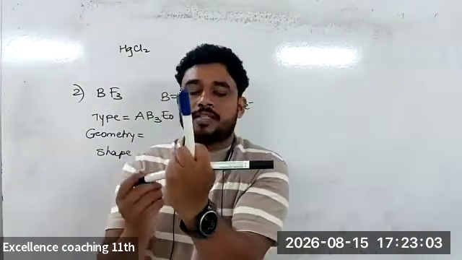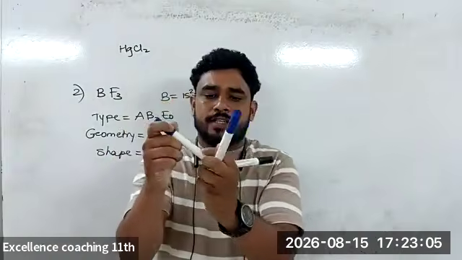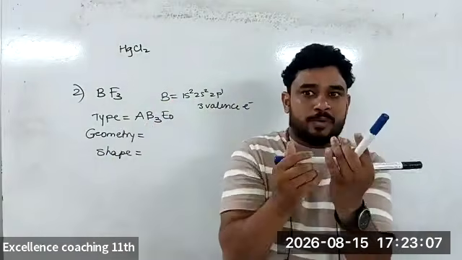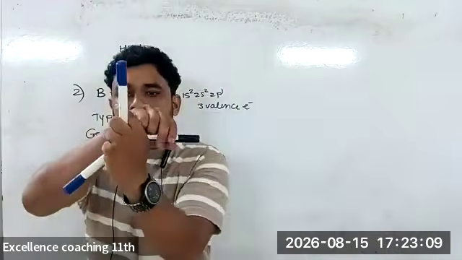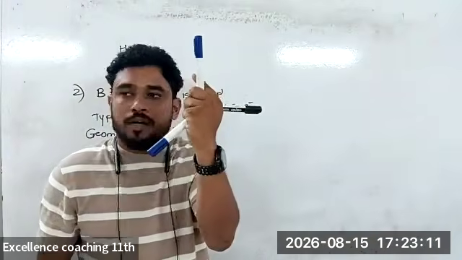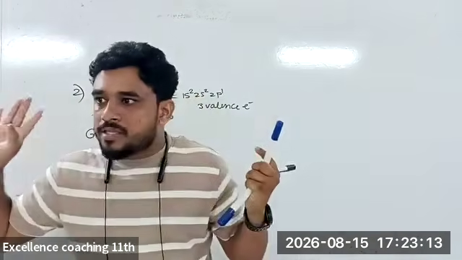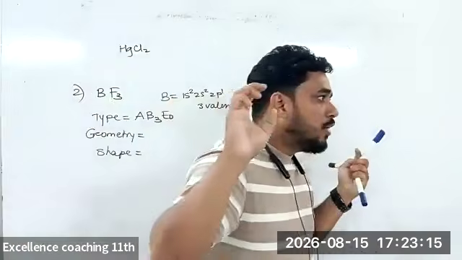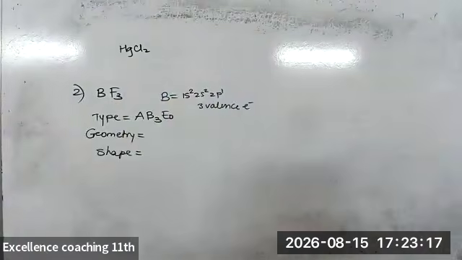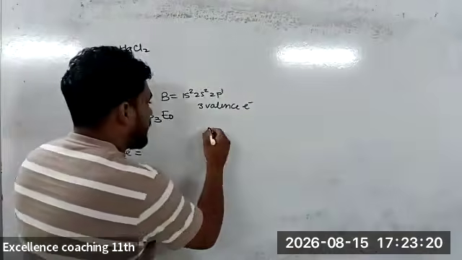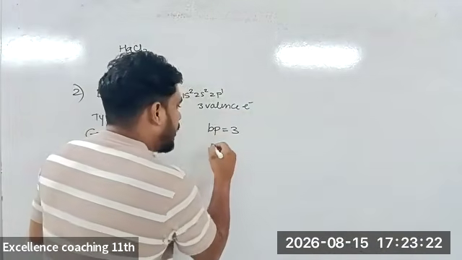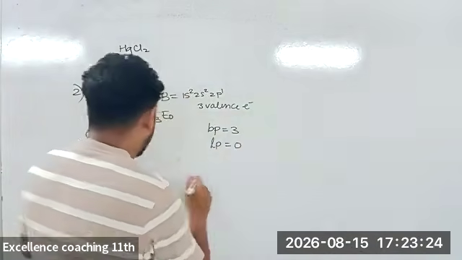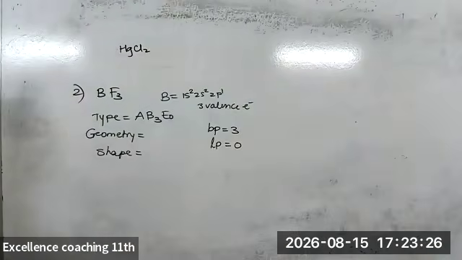If I arrange them like this, imagine it's three-dimensional, this is the minimum repulsion it will have. It has all bond pairs. Bond pairs are 3 and lone pairs are 0. So geometry and shape will be the same.